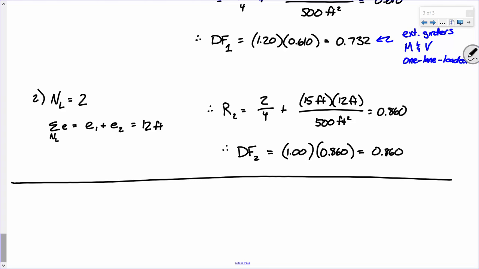In other words, let's just pick the worst case distribution factor from interior girders and exterior girders, and let's just design them all the same. So let's do this, okay? So I'll say summary. Now, I'm going to say summary, but I'm going to indicate that this is only for strength and service limit states.